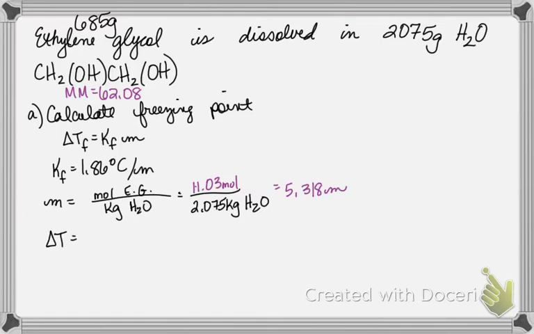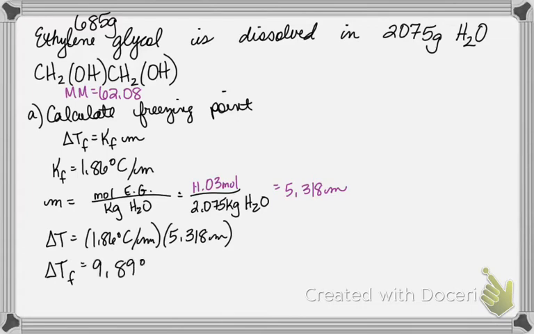So the delta T is equal to the KF, 1.86 degrees C per molal, times the molality, which is 5.318 molal, so the delta TF is 9.89 degrees Celsius.